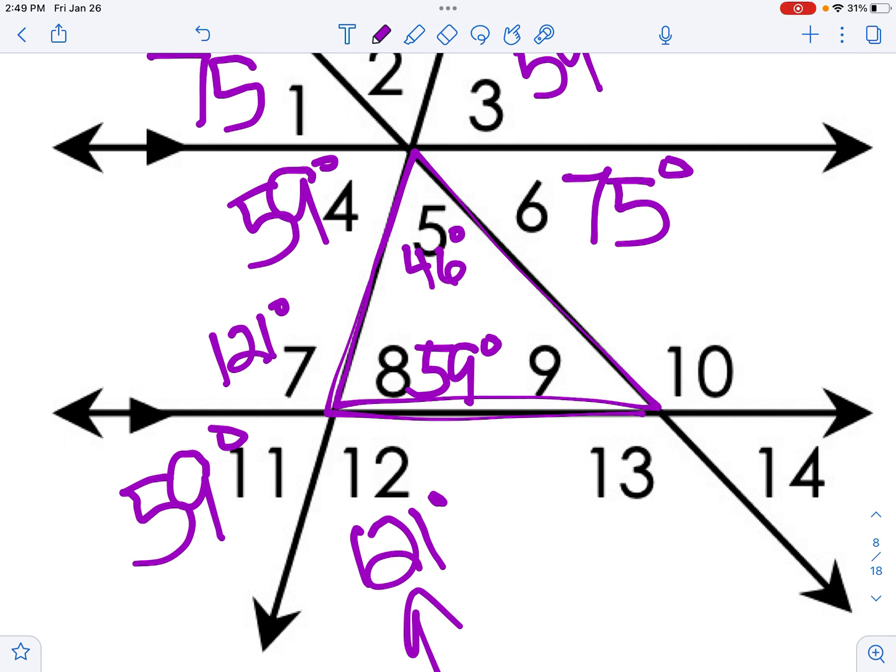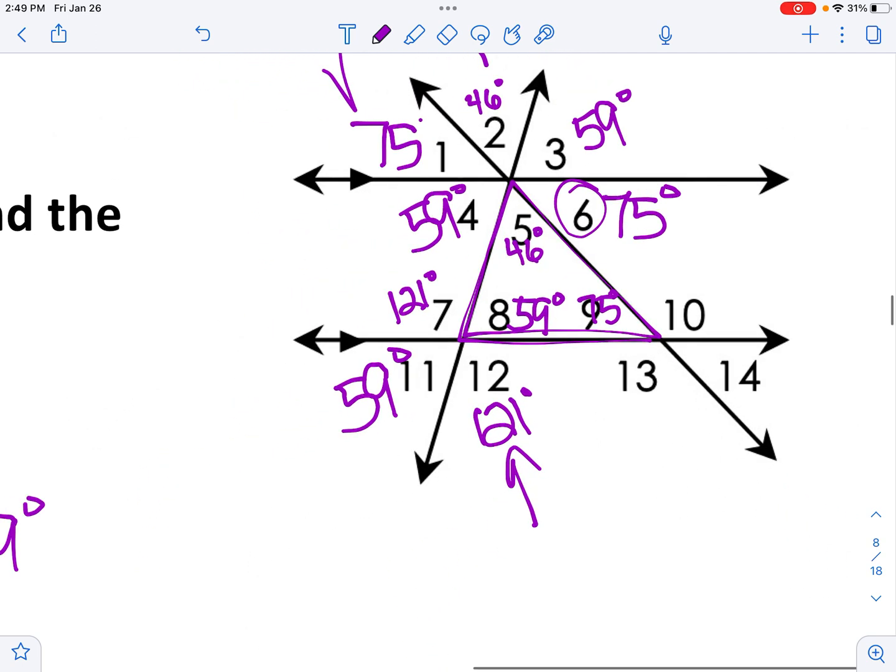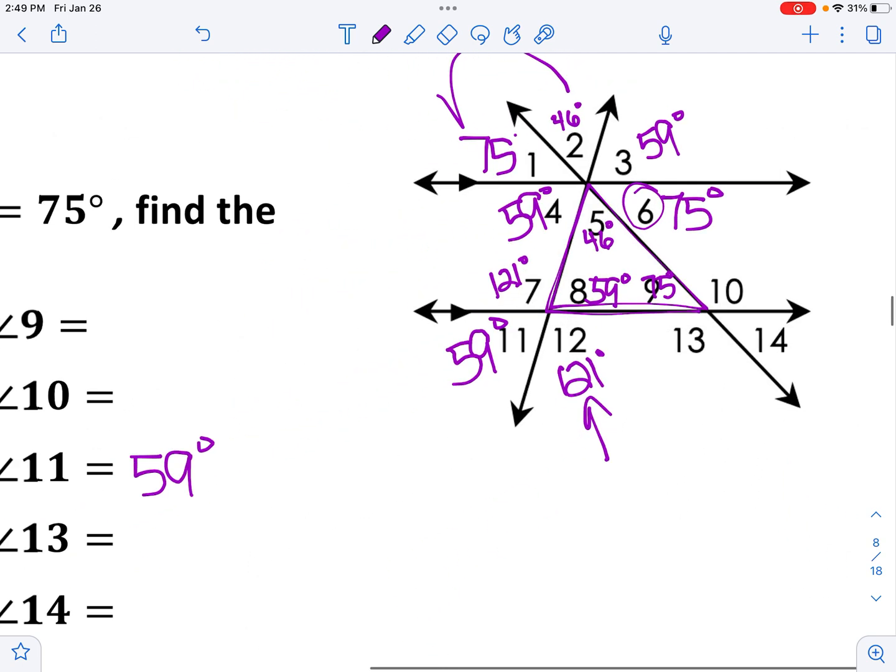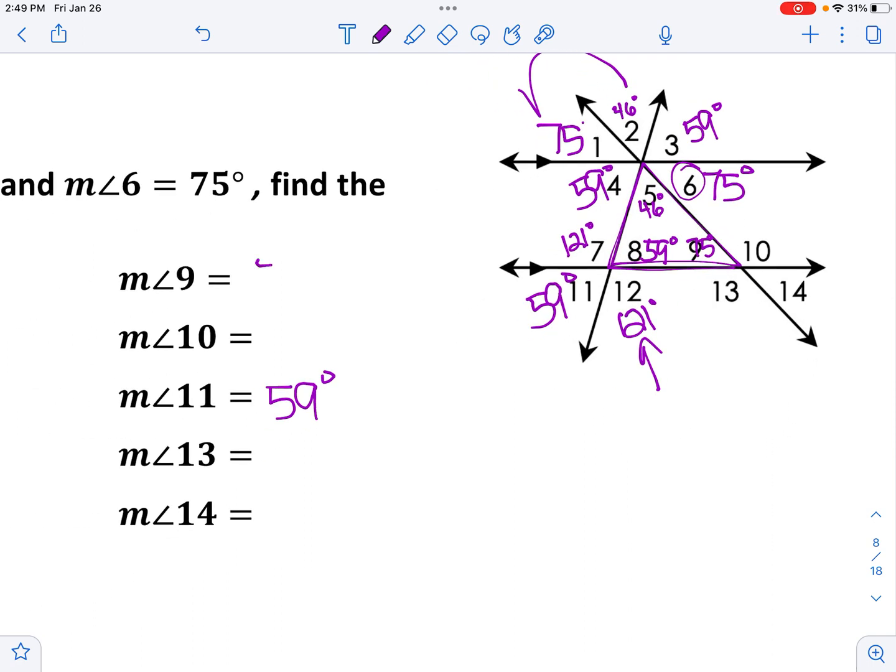So that means angle 9 has to be 180 minus 105, which is 75. Now, another way to think about that is that these two angles, 6 and 9, are alternate interior angles. So that is 75. That might be easier, but whatever works for you. Okay, so angle 9 is 75 degrees.